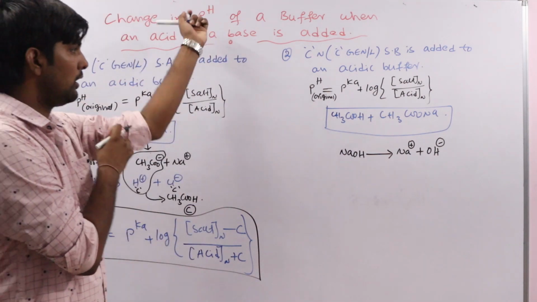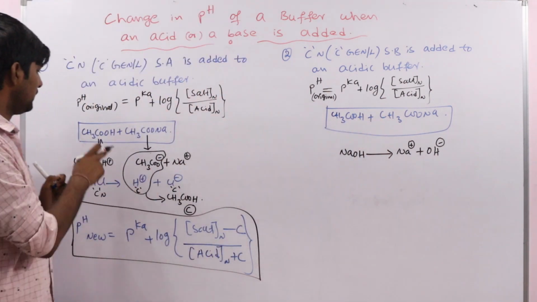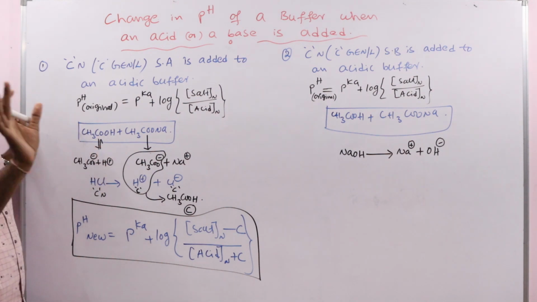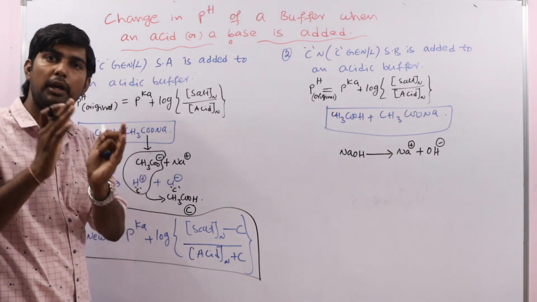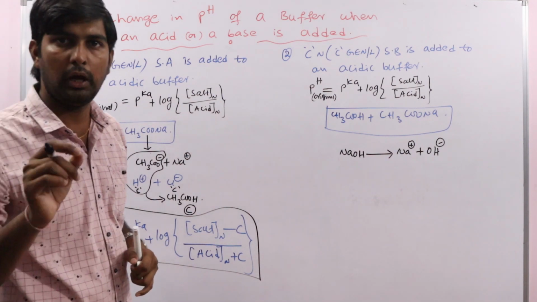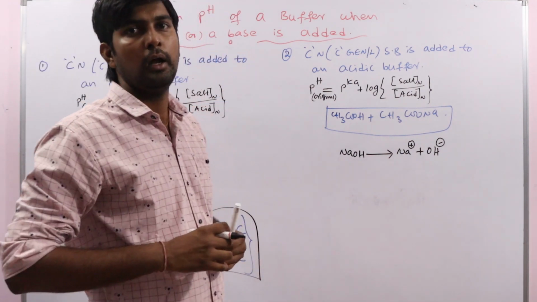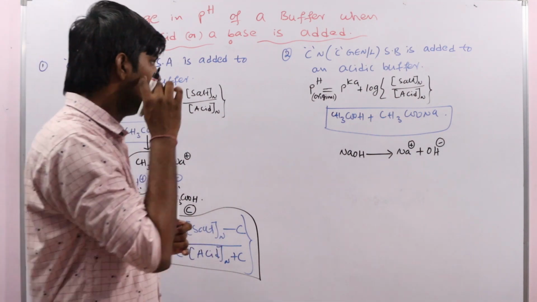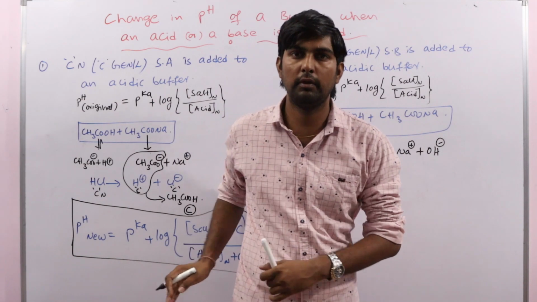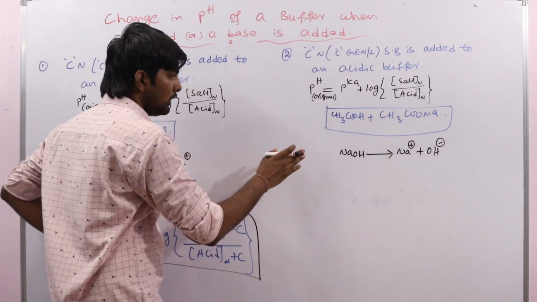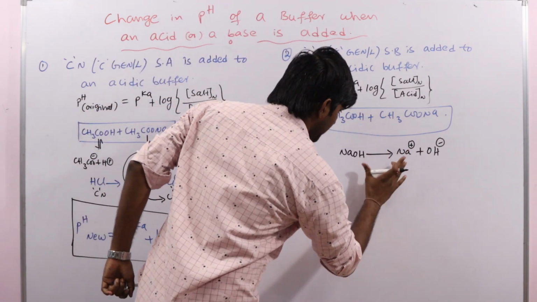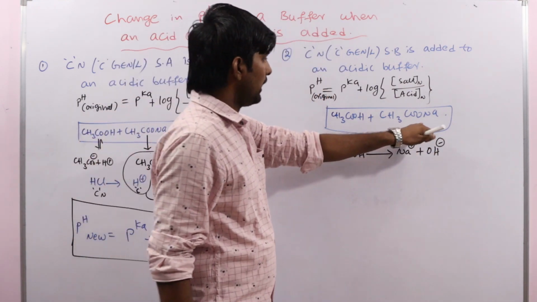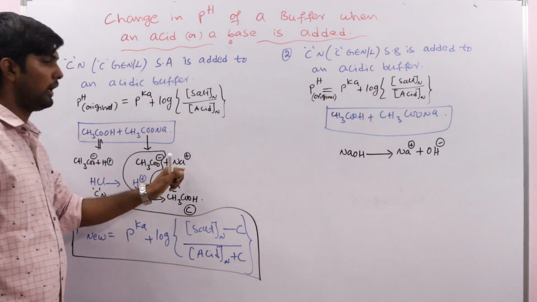Yes or no? Now, already we discussed here, this will give acetate ion and H plus, but dissociation is negligible. Most of the acid remains undissociated. If you have any doubts, please go through the mechanism of action of the acidic buffer which we already discussed. Again, if I explain that one, it will be a waste of time only. Now when base is added, the salt is already dissociated into acetate and Na plus.